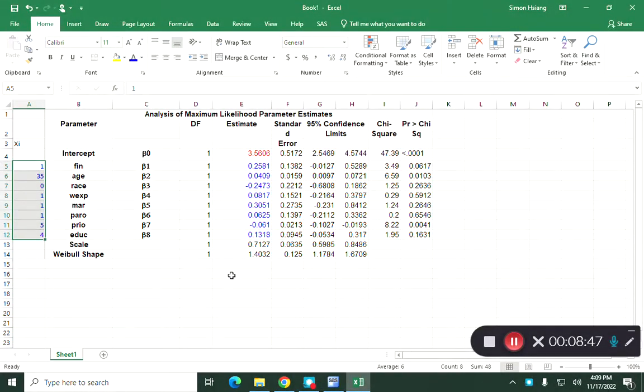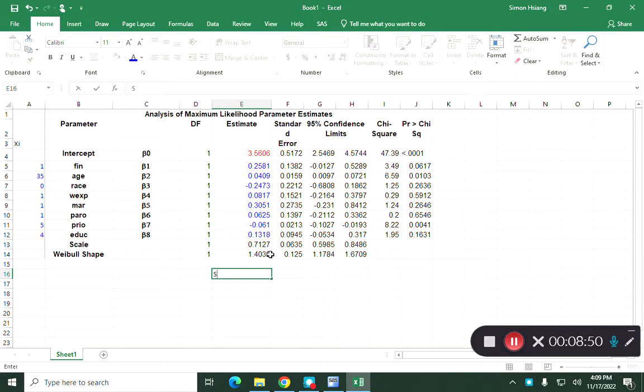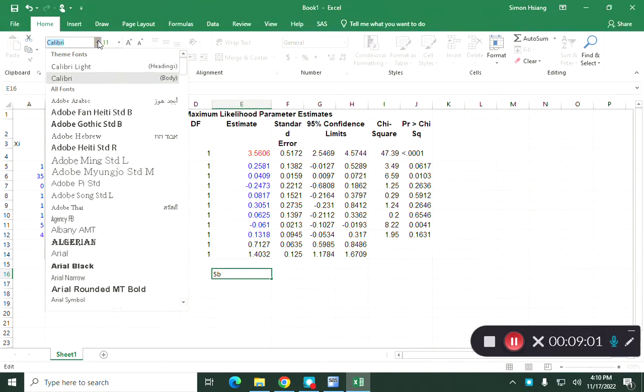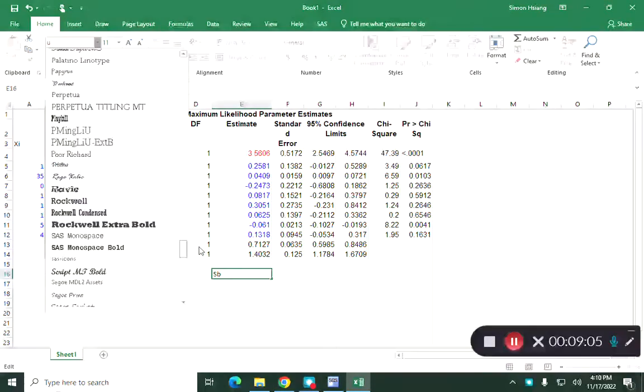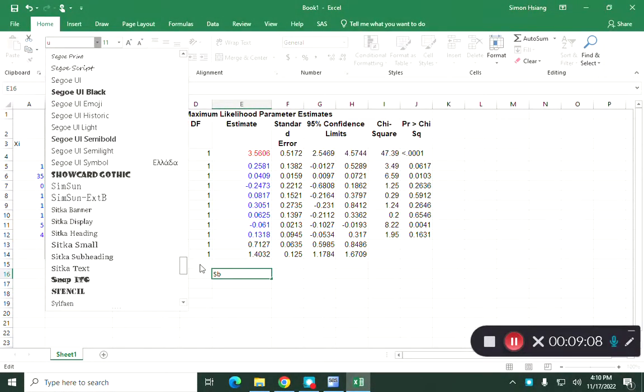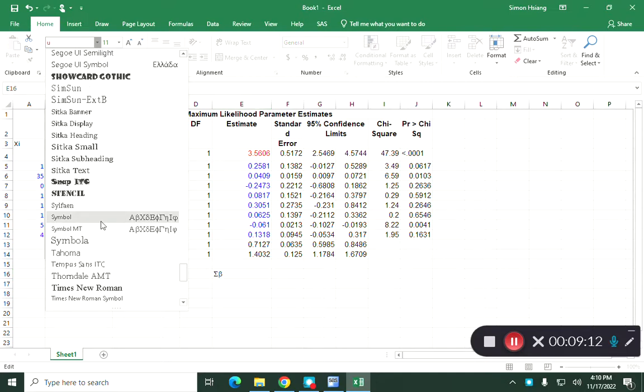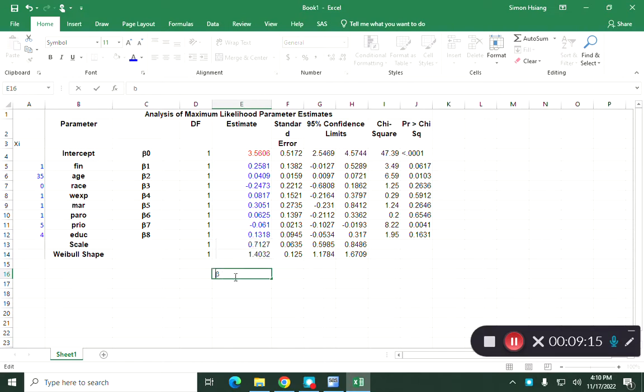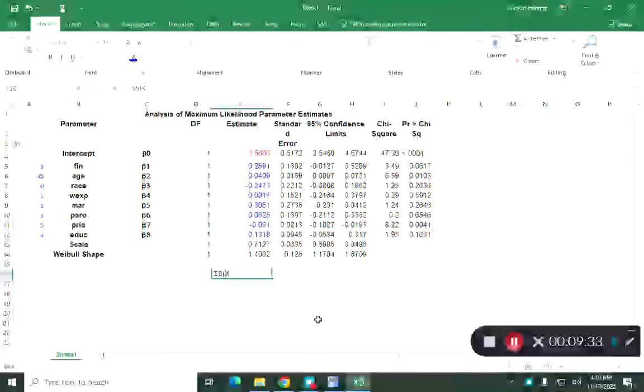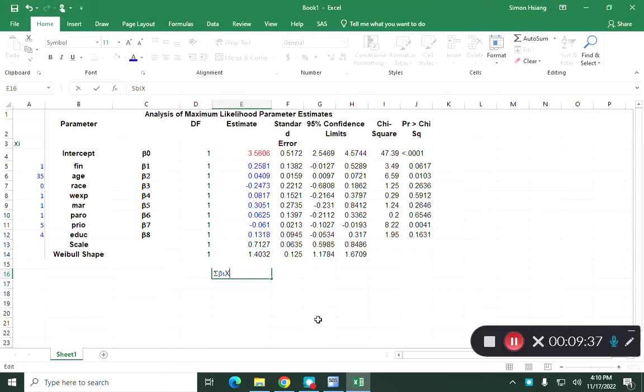So I can write it down here, I need a summation of beta i times xi.